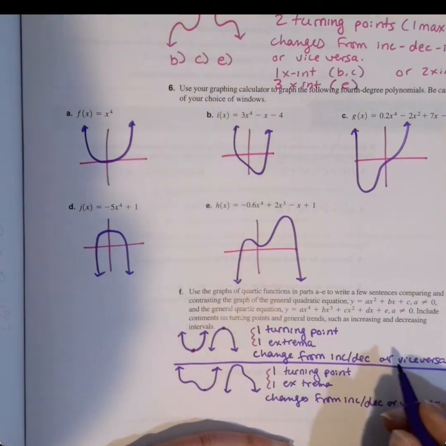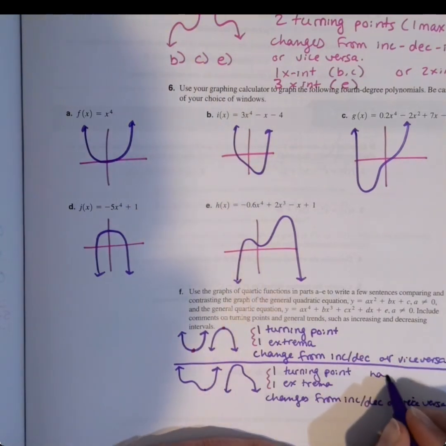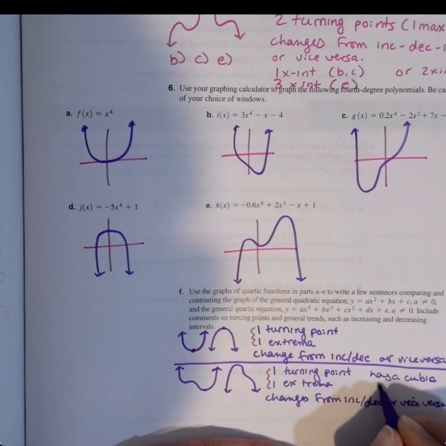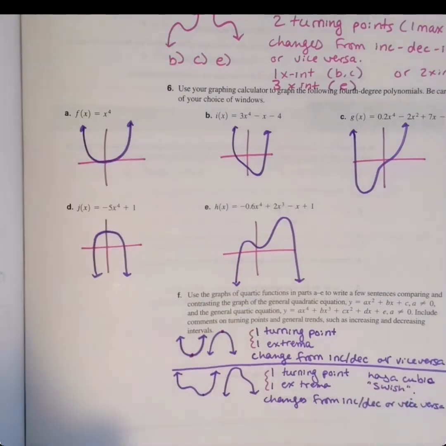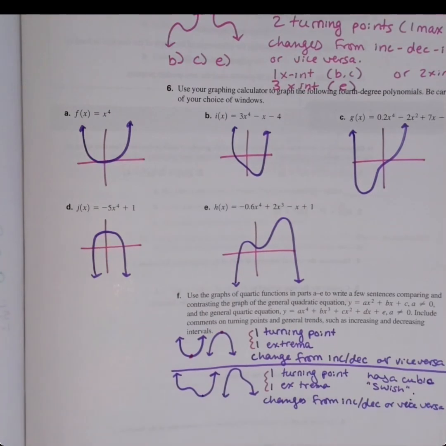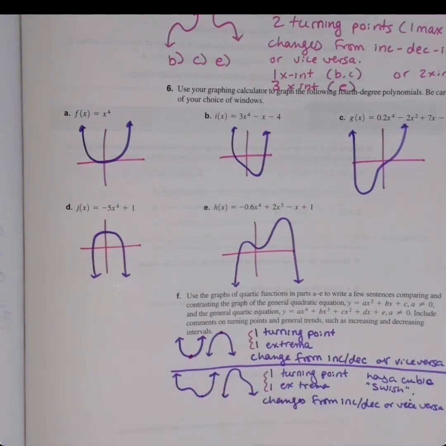And I'm going to add in the extra detail. This one has a cubic type swish. I don't know what to call it besides a cubic type swish. That extra little wiggle that the cubics have. Okay.